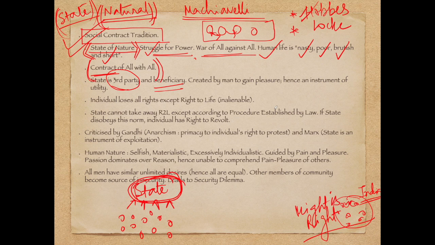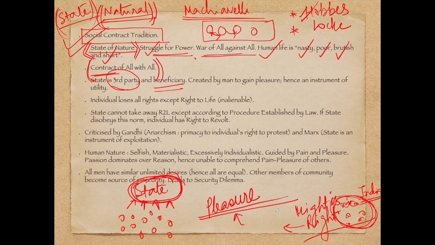Now here you have to understand that the state is created by man to come out of the pain that is there in the state of nature. So the state of nature is a very painful situation for man. Okay, so to come out of that pain and to gain pleasure, you can connect it with the use of scientific analysis in social sciences, that the particles in the brain are moving towards pleasure and away from pain.